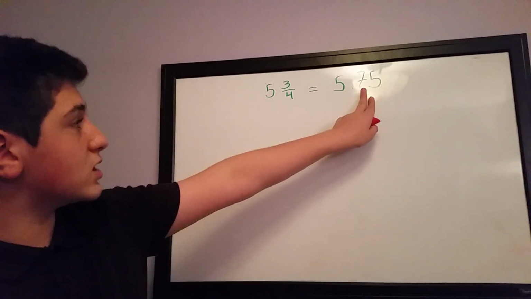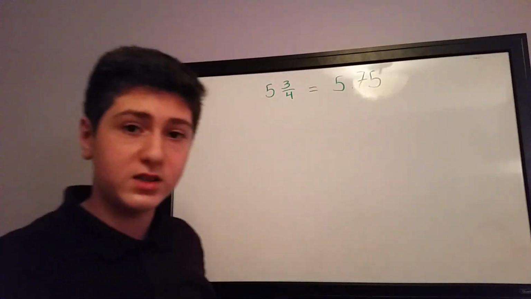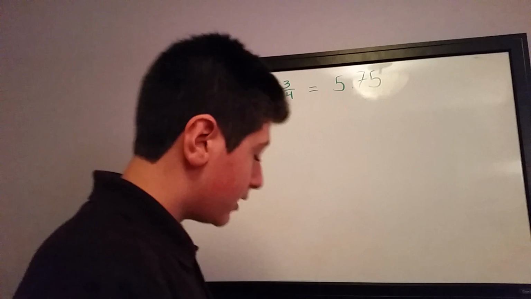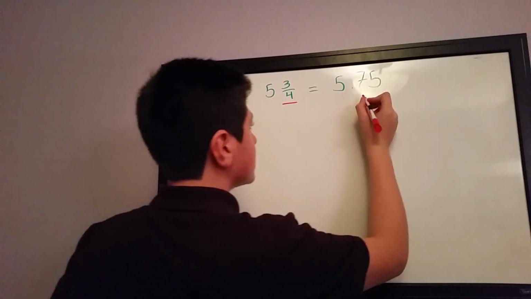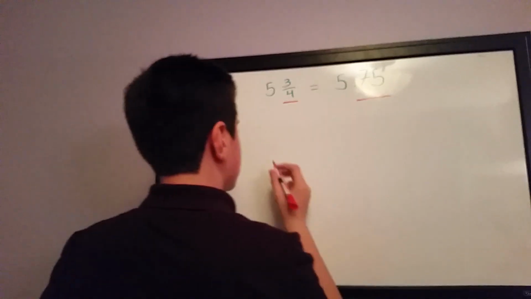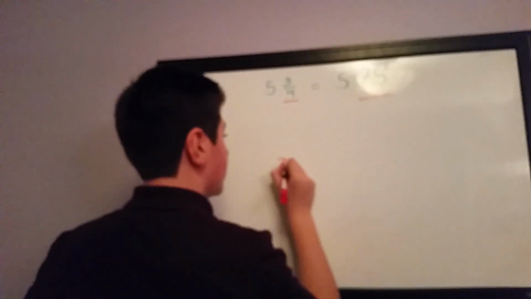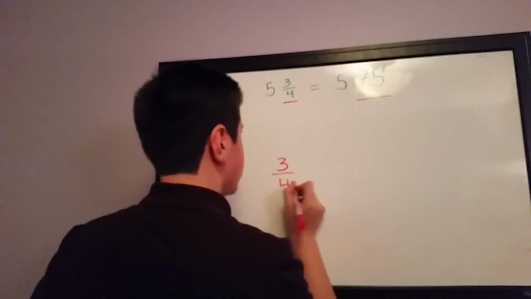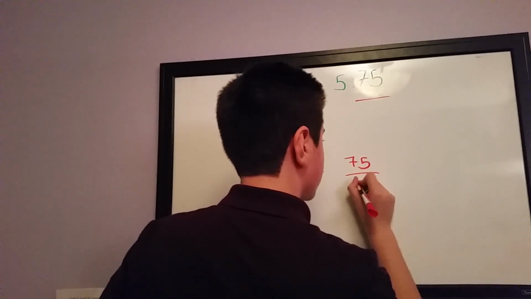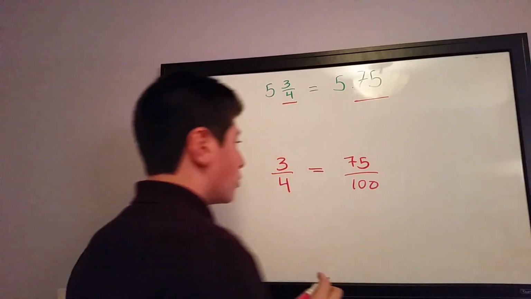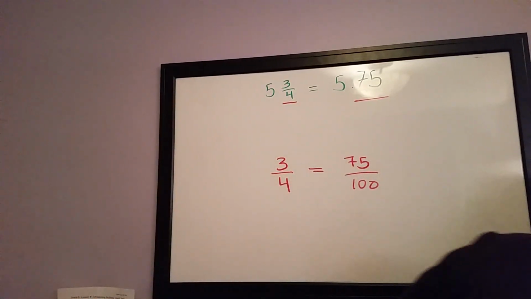I'm going to show you a cool strategy to finding any 2-digit decimal equivalent very easily. Let's take these two numbers down. Only 3/4 and 75/100. Let's place them down like this. We can start off from scratch.